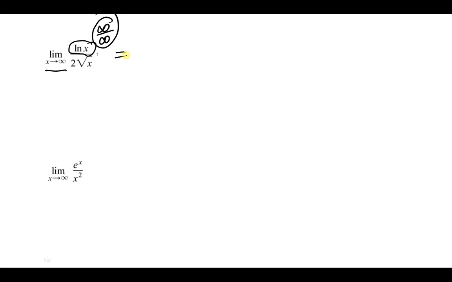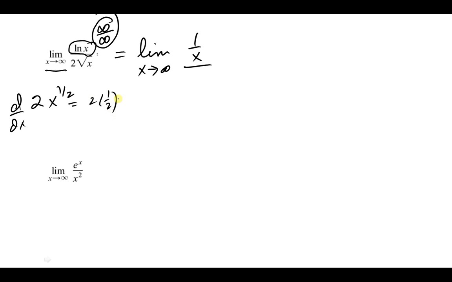We take the derivative: the derivative of the numerator is 1 over x, and the derivative of 2x to the 1/2 is 2 times 1/2 x to the minus 1/2, which is equal to 1 over the square root of x.